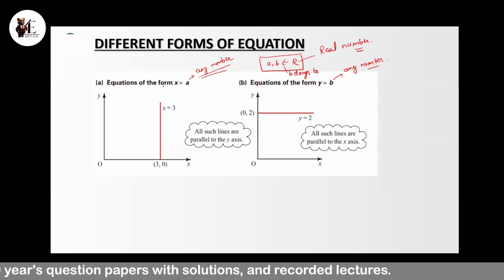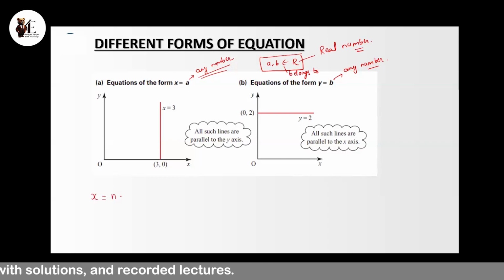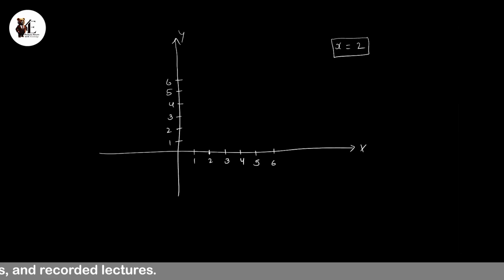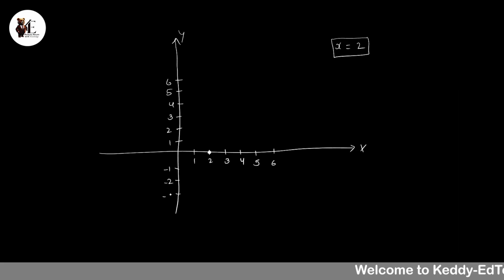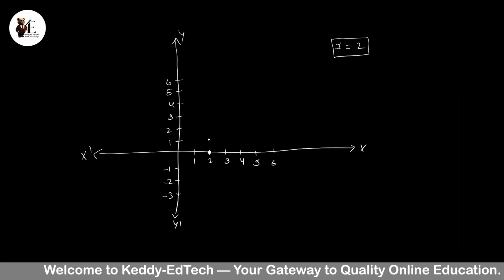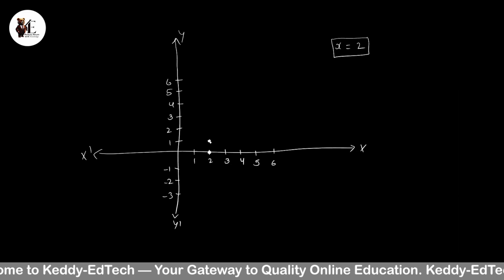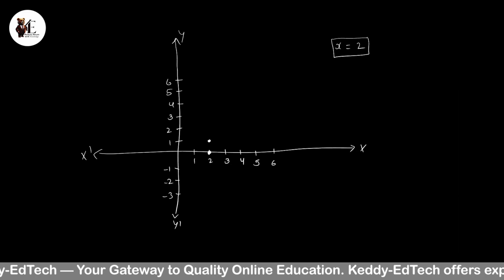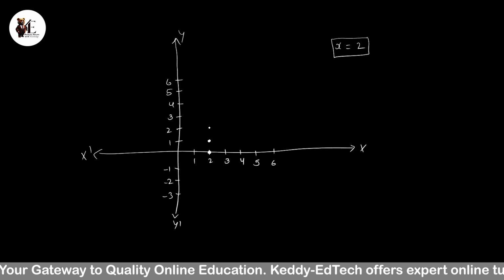So the first equation is x equals a, which means x equals any number. Whenever you draw the graph, x equals 2 is at this point, and y is negative here: -1, -2, -3, and so on. This is y dash. Similarly, x is negative over here. So x equals 2 at this point, and if I choose this point, at this point also you can see that the value of x is 2.